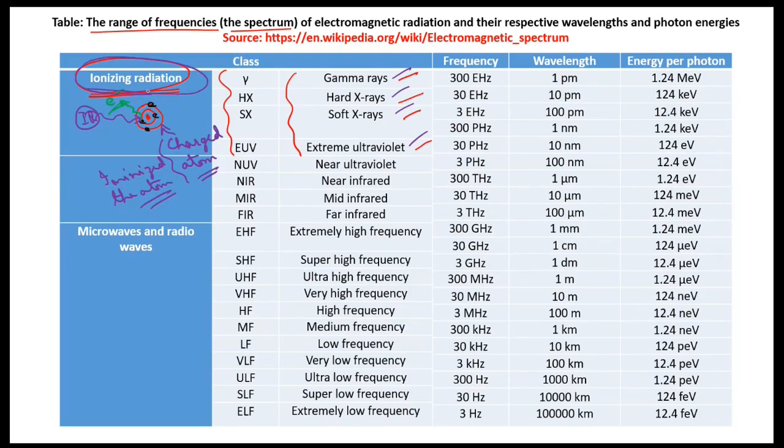That means these radiations have the capability to alter the atomic architecture and make them ionize. And ionization is not a very good thing. It can lead to various diseases, which includes cancer.